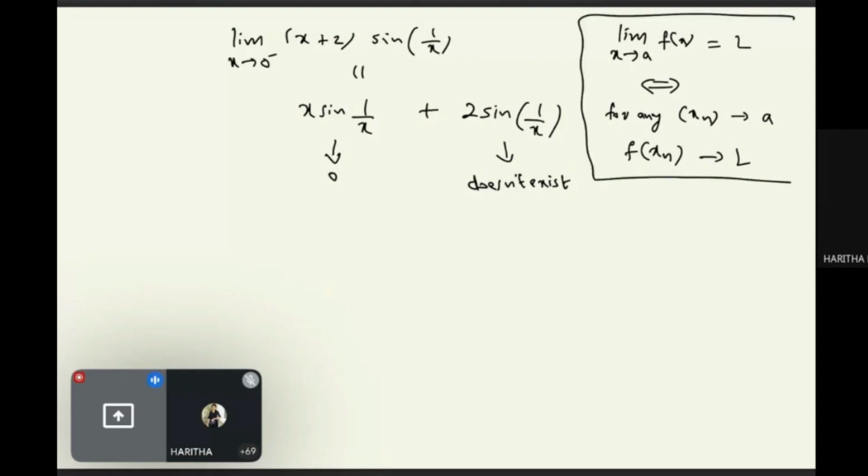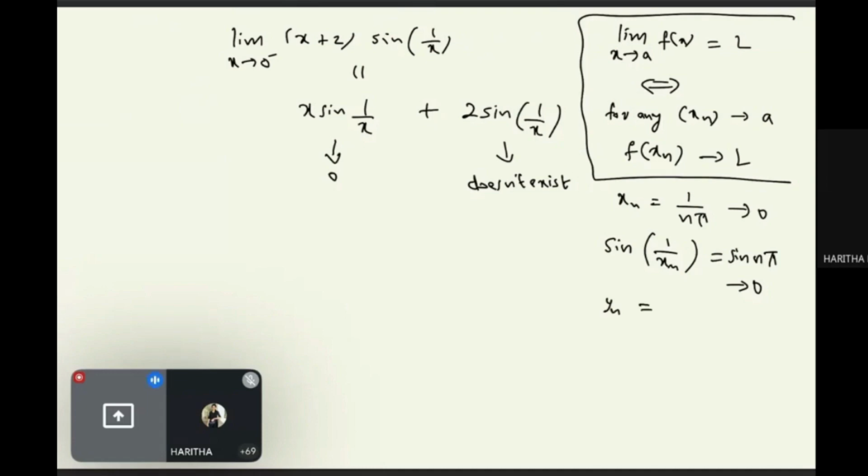This is one way to argue. What happens with sine 1 by x is that we are looking at the limit tending to 0. So you can take x_n to be, say, 1 by n pi. So this tends to 0. Now when you put it in sine of 1 by x, you get sine of n pi, which is 0 for every n. So this tends to 0.